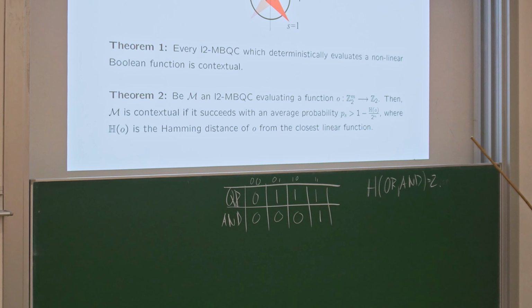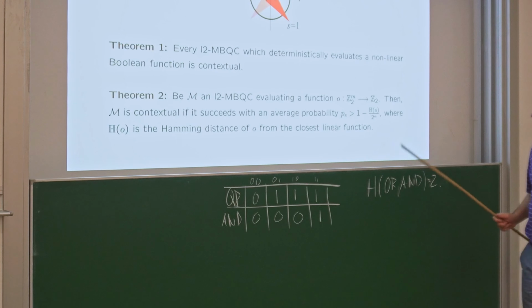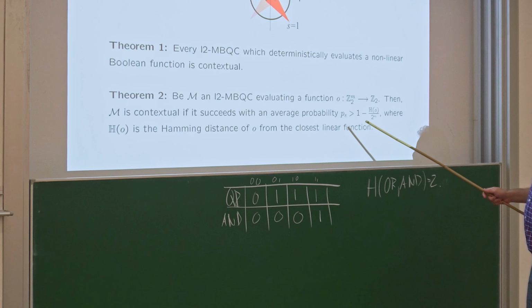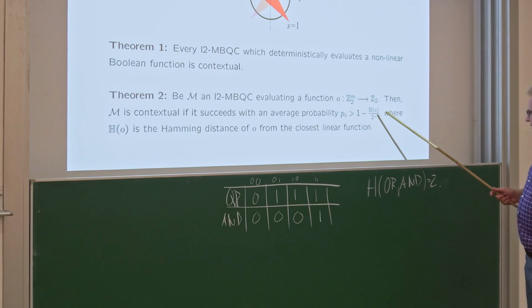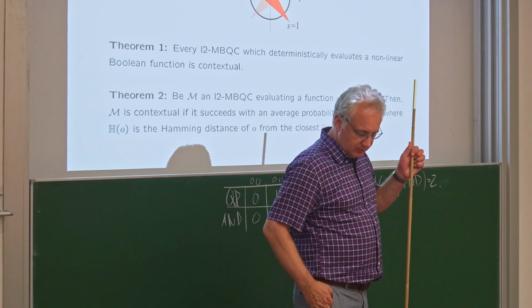Why are we going for this more complicated thing? Because we wanted to go beyond deterministic computations, and this is what we get. We get a success probability threshold that depends on the function being computed.